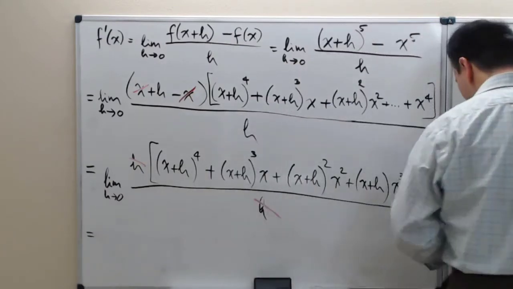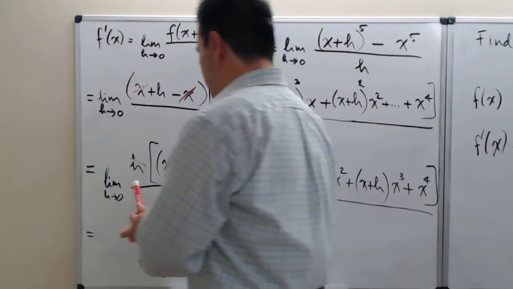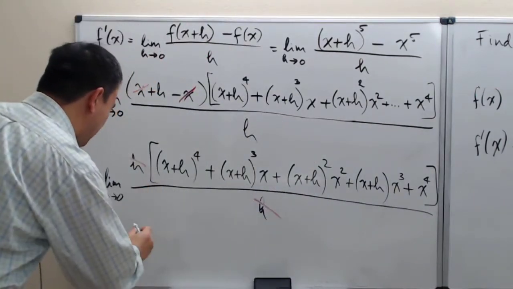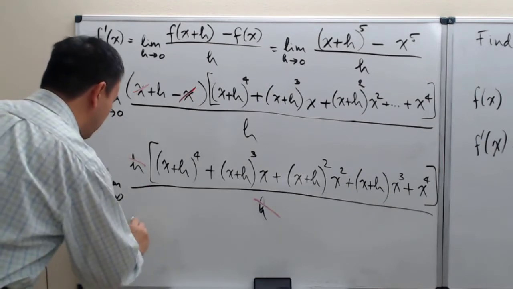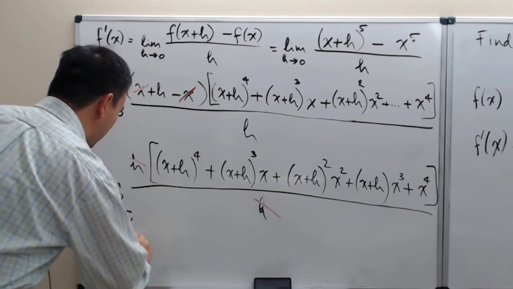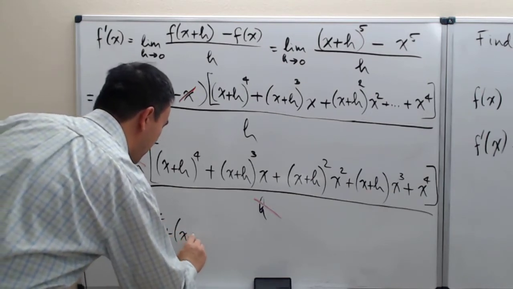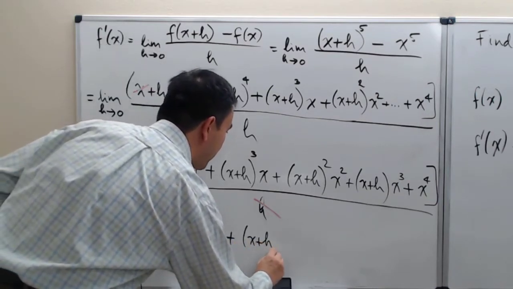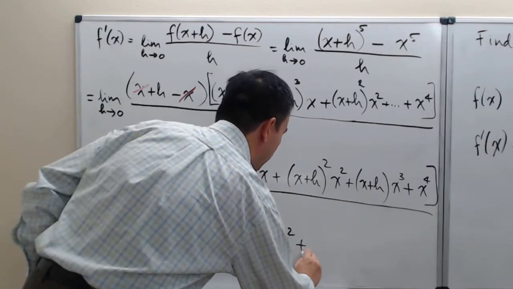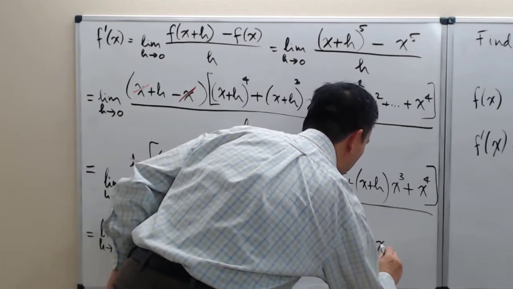And so here, after canceling that, the limit as h goes to 0 becomes only on something that's effective for that: x plus h to the 4th power plus x plus h cubed times x plus x plus h squared times x squared plus x plus h times x cubed plus x to the 4th power.